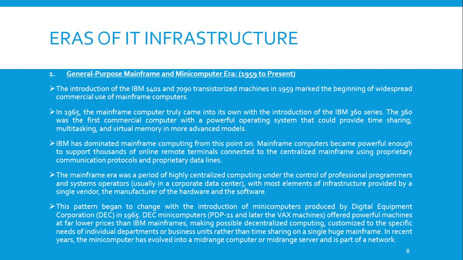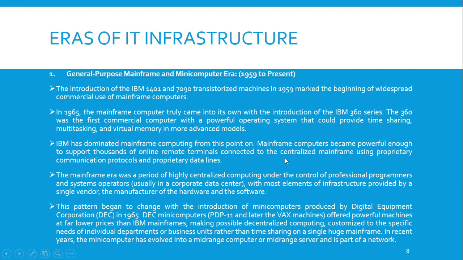So, although this era started in 1959, it became more prominent later. The main hallmark of this era was the introduction of the 360 series of mainframe computers by IBM, and then obviously IBM dominated mainframe computing from this point on.